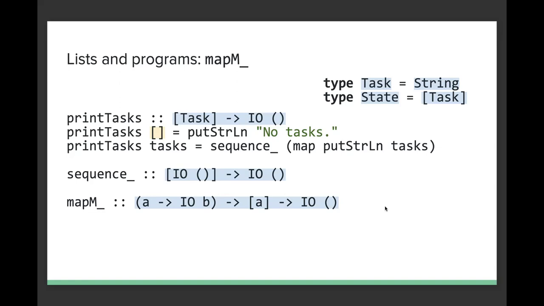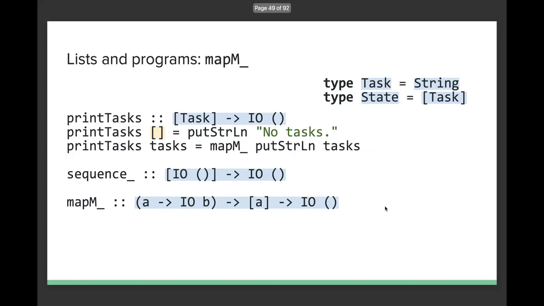The underscore is just a convention to let you know that the result of the computation is ignored, and only the effects of the input output are preserved. There are of course versions without the underscore that return the list of results.